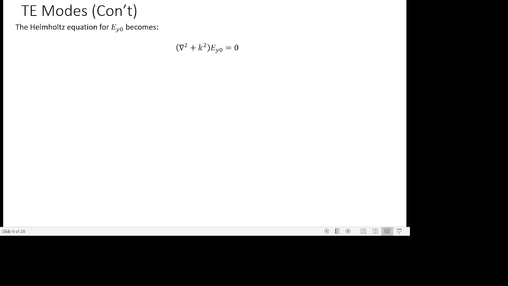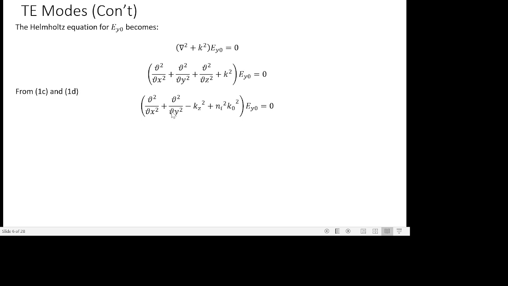So we are going to start our analysis with the wave equation for the amplitude E of y. If we expand this equation, we will get this.